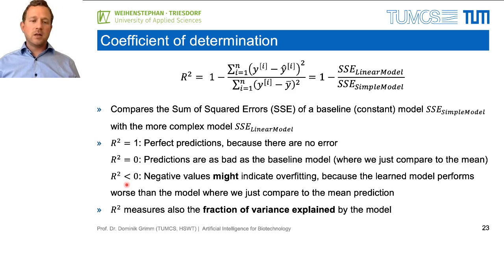This we will see in an example later. And very often the R squared measure is also used to compute the fraction of the variance explained. So we can use the R squared measure to say how much of the variance in our target data we can explain by our predictions.